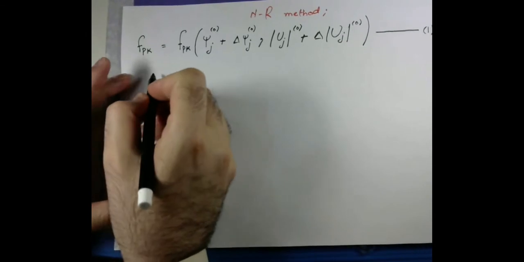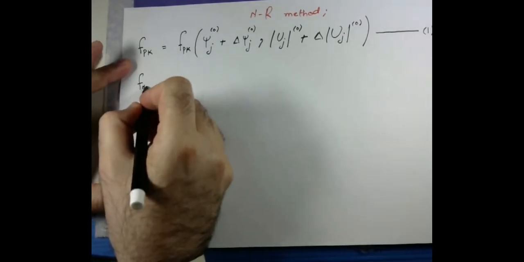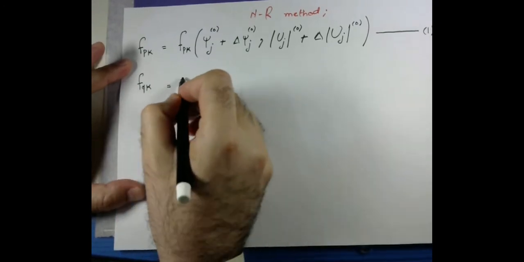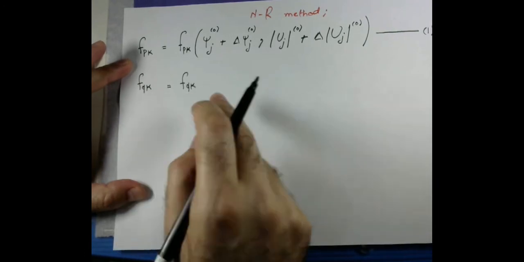Similarly, we can write the expression for the reactive power, so that will become FQK equal to FQK, where I mentioned that Q is for the reactive power.